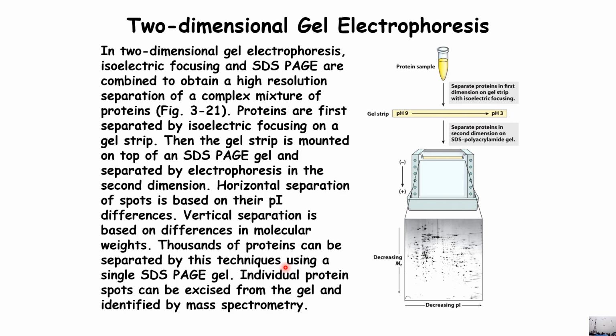The horizontal separation of spots is based on their isoelectric point differences, while the vertical separation is based on the differences in molecular weights. Thousands of proteins can be separated by this technique using a single SDS-PAGE gel. Individual protein spots can be excised from the gel and identified by mass spectrometry.